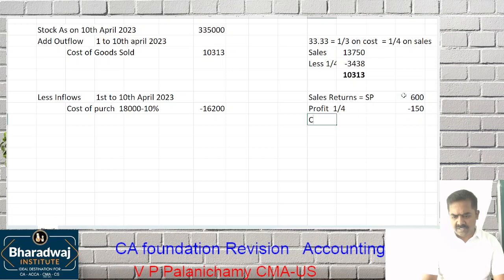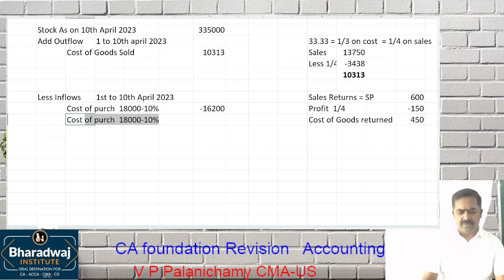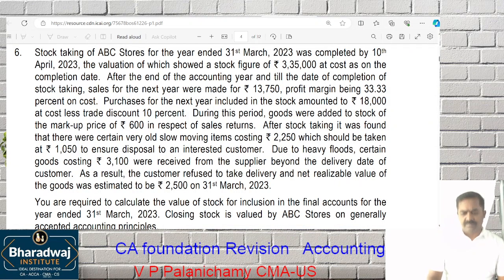So what is the cost of goods? 450. Wait. Inflow, outflow: cost of the goods returned is 450. This is inflow. Next, look at what he has given.